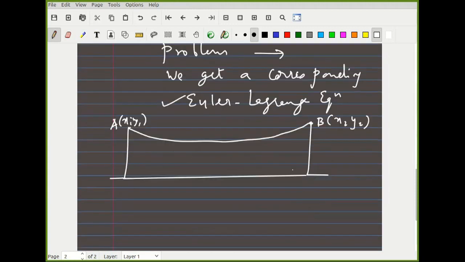We need to finally get the shape of this cable, and again there is an idealized condition that we ignore that it's a three-dimensional cable. Let's idealize it as a one-dimensional linear geometric object, and let us assume that it has some fixed density.